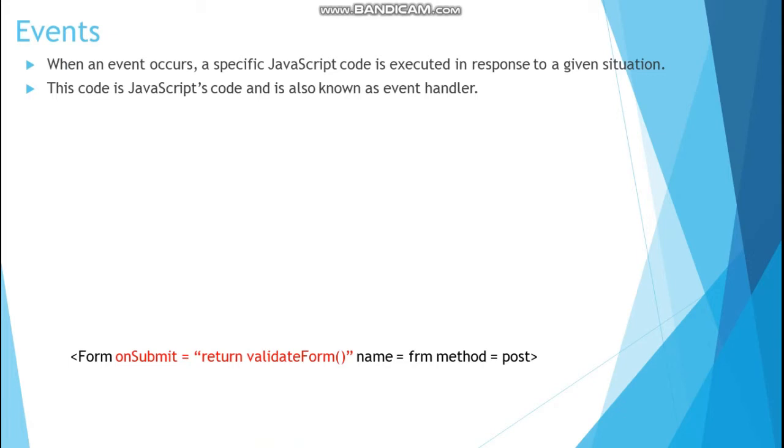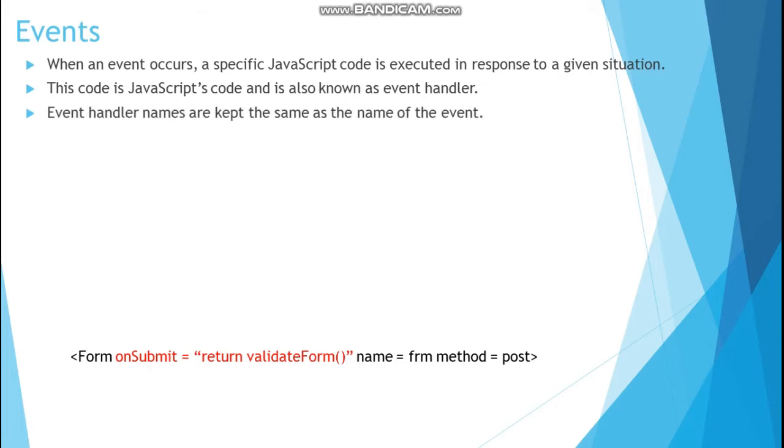The detail given in red color, onsubmit equal to return validateForm: onsubmit is the name of the event, and return validateForm is the name of a user defined function that gets executed when we click on the submit button. So this is known as an event handler.